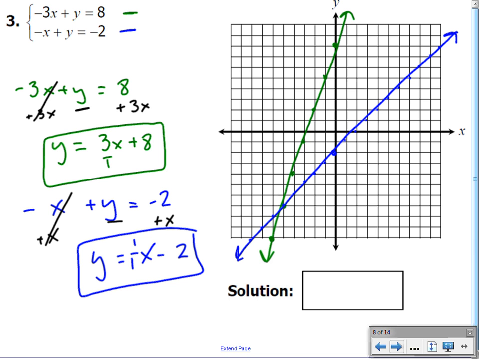So after we do this, we see that the intersection point is right here. That would be at -1, 2, 3, 4, 5. So -5 for x and -7 for the y value.